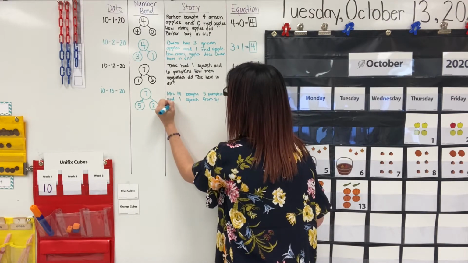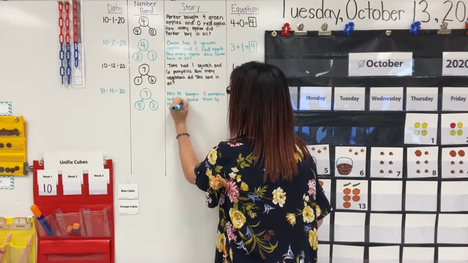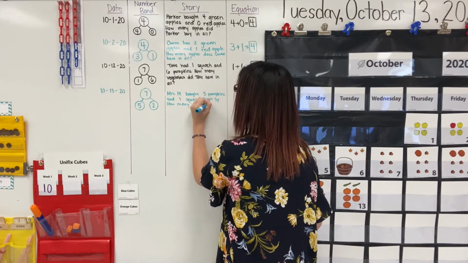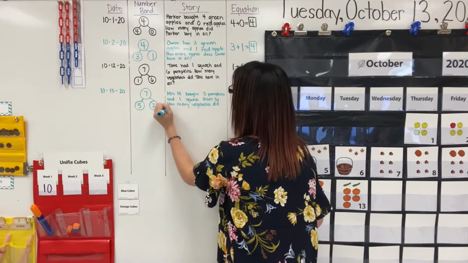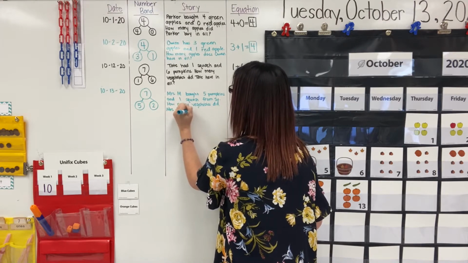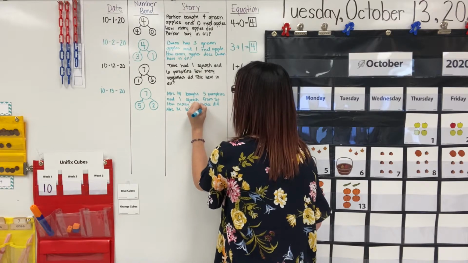How many vegetables did Mrs. Mitchell buy in all?